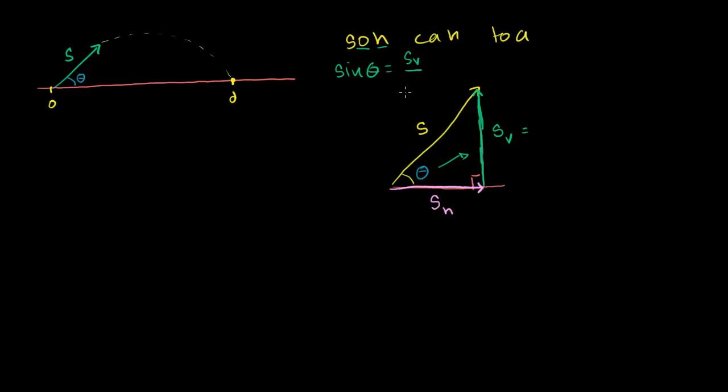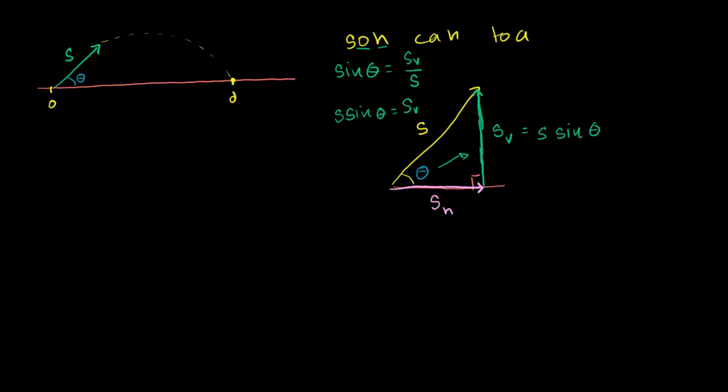And our hypotenuse is the speed s. And so if we want to solve for the vertical component of our velocity, we multiply both sides of this equation by s. So you get s sine of theta is equal to the vertical component of our velocity, s sine of theta.